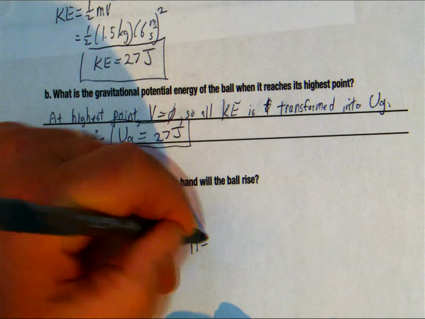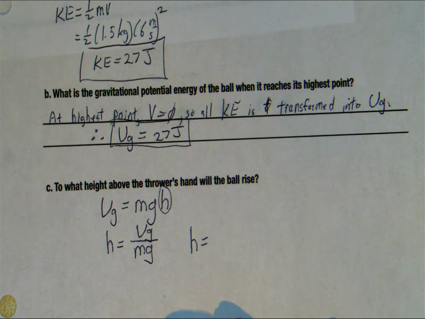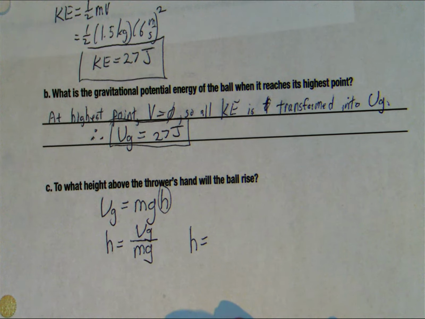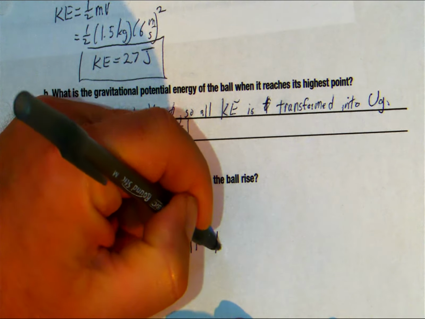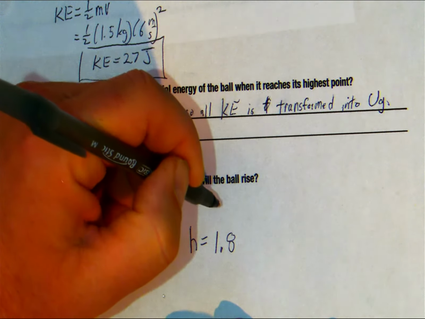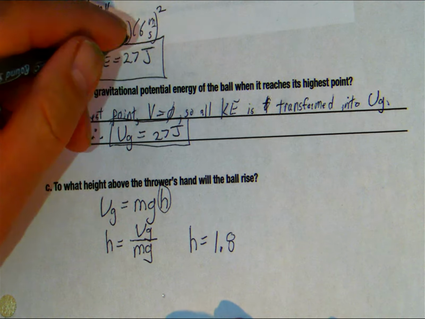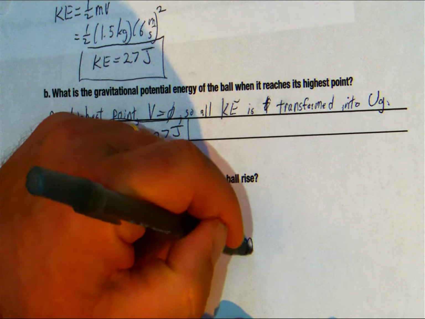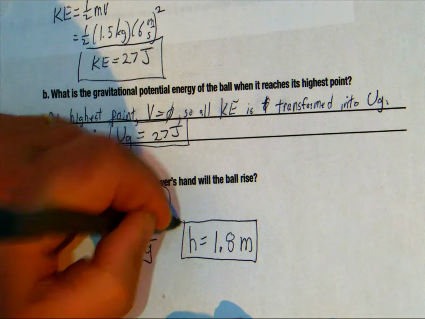Plugging in the numbers, this would be 27 divided by 9.8 divided by 1.5. I get a height of 1.8 meters to 2 sig figs.